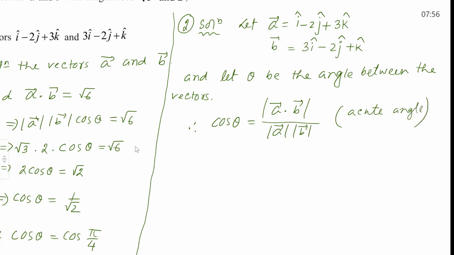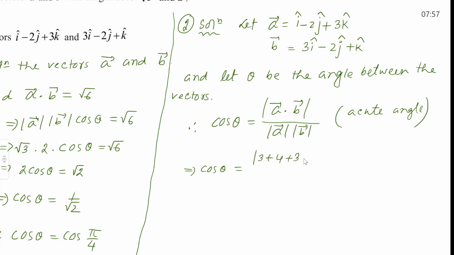After this, cos theta is equal to mod of a dot b. What about a dot b? 3 into 1 is 3, minus 2 into minus 2 is plus 4, then 1 into 3 is 3.